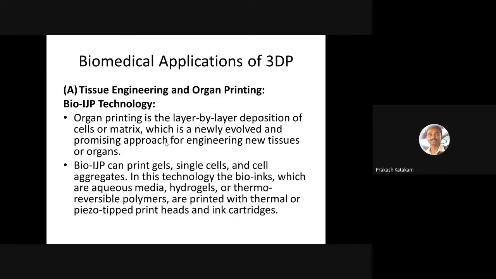After printing the scaffold material, we'll put the scaffold material in the bottom, and by using that syringe, we will supply a specified quantity of living cells and certain nutrients in the form of liquid only, and they will be printed slowly onto the scaffold.